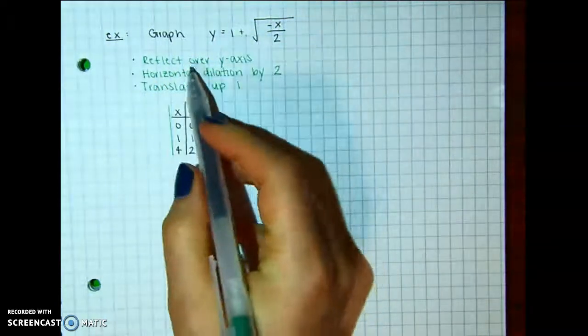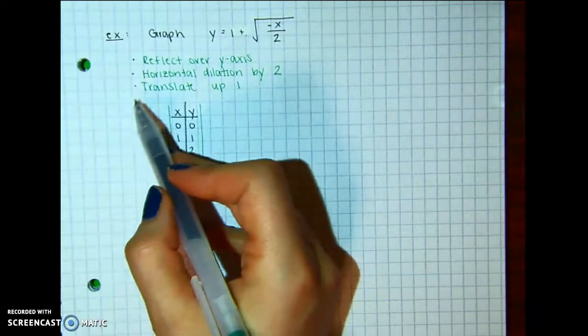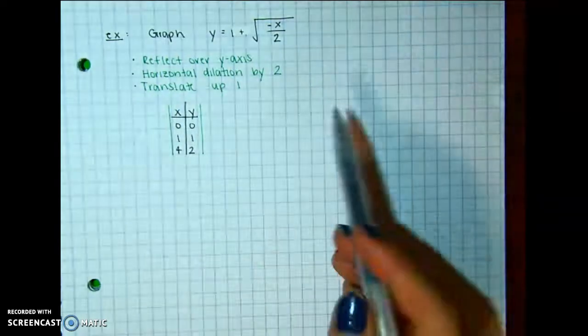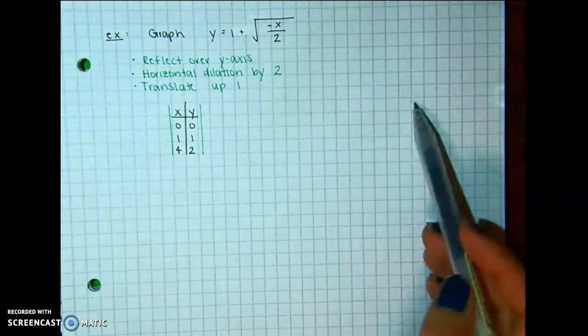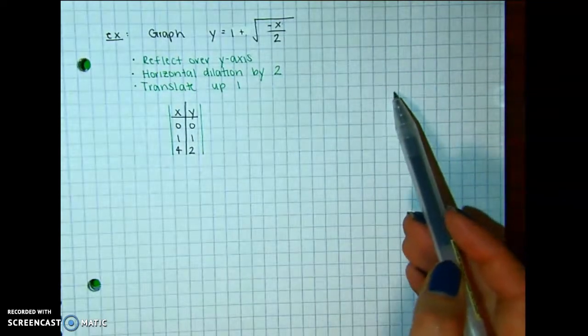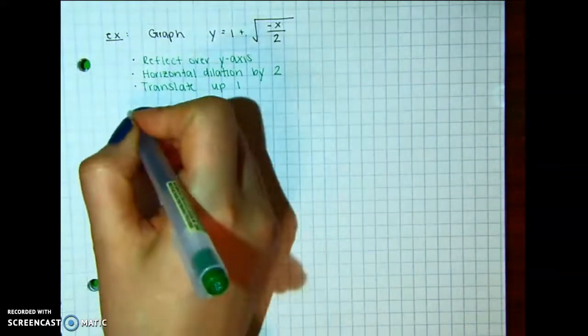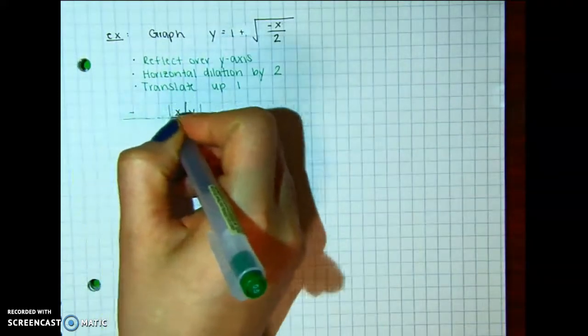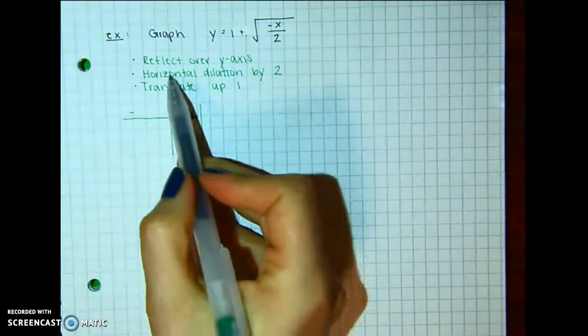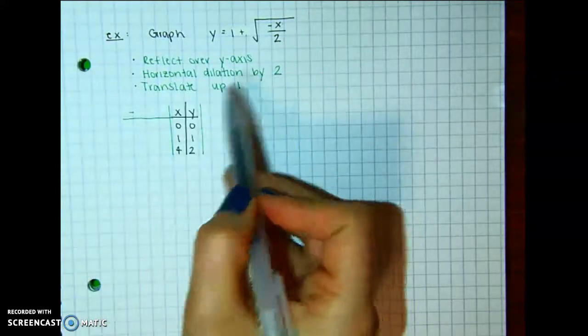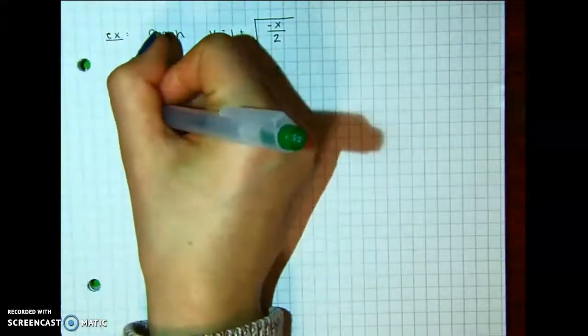So if it's reflection over the y-axis, that is affecting my x values, right? Because like if I make my coordinate plane, if x is over here, reflecting over the y-axis makes my x values change. So I know it's going to be a negative x, but it's also horizontally dilated by 2, which is also affecting my x values.